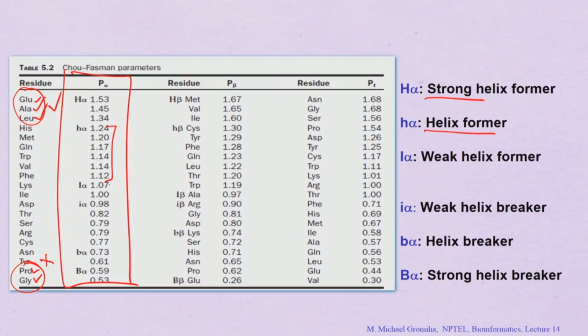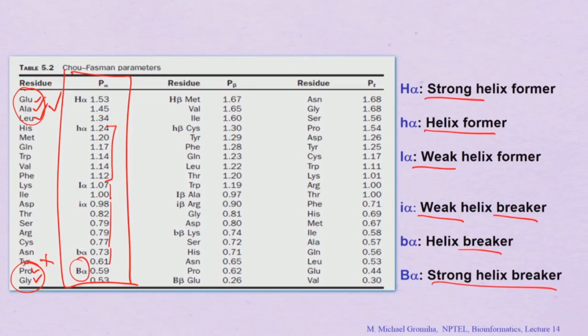Then just around 1, a little bit around 1, this is weak helix former. Then coming down, there is just a little bit less than 1, so they make it weak helix breaker because it does not prefer to be in the helix, and you can see b alpha, these are helix breakers, and capital B alpha is strong helix breaker.